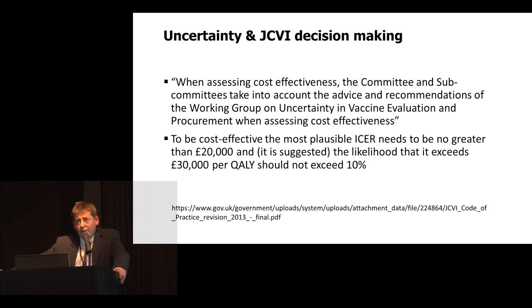To be cost effective, or judged as such by the committee, the most plausible ICER must be no more than £20,000 per QALY. And to take account of uncertainty, there shouldn't be more than a 10% chance that the ICER is in fact over £30,000 per QALY. This is quite a rare example of really trying to build in consideration of uncertainty alongside the threshold.